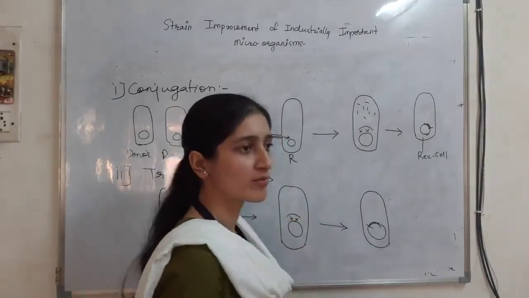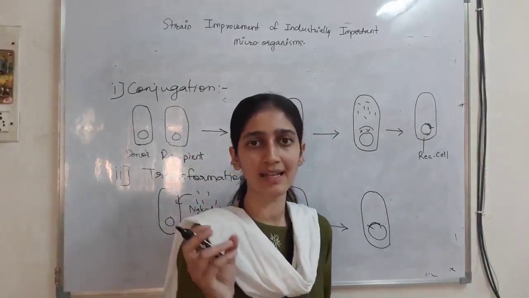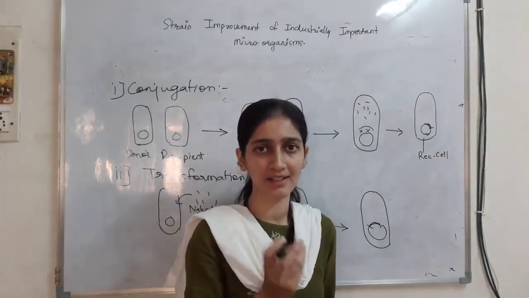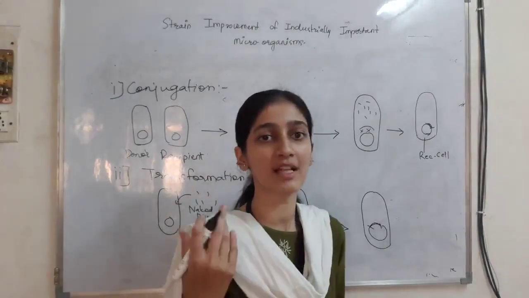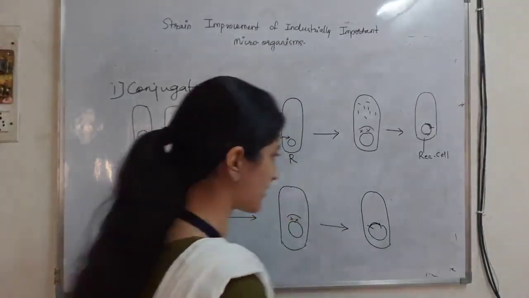Now this chromosome will replicate, and the additional characteristic, if it is an antibiotic producing gene, then this chromosome will be responsible for that extra additional characteristic to that cell.